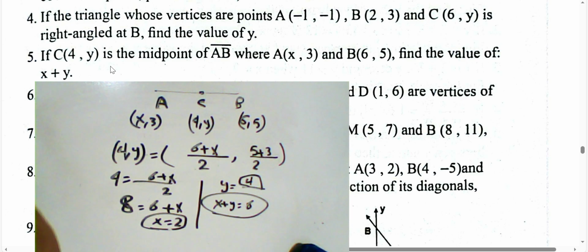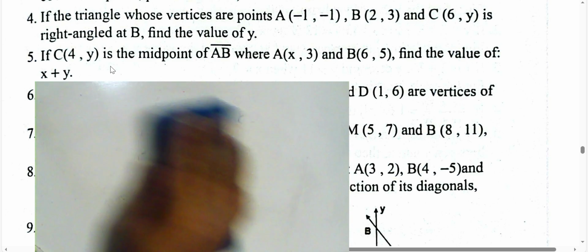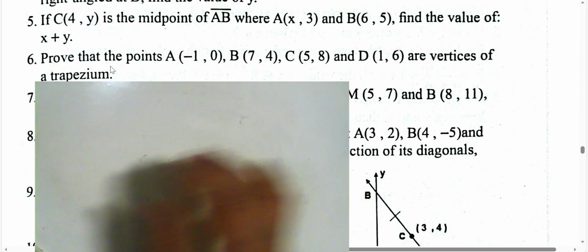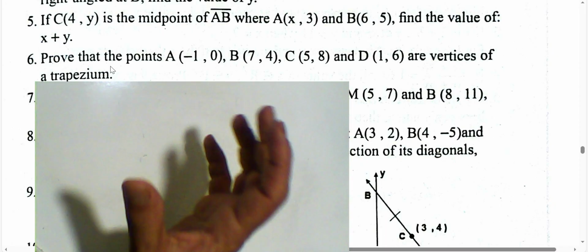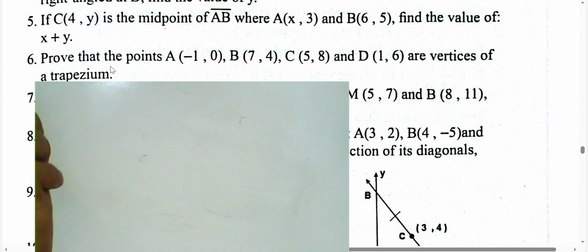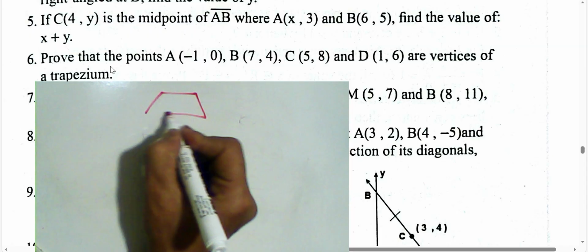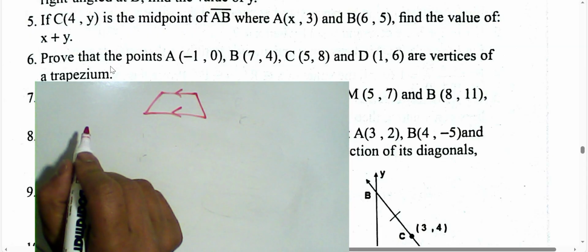You want x plus y. Next question, number 6. Prove that the points ABCD are vertices of a trapezium. We know a trapezium has only one pair of parallel sides.